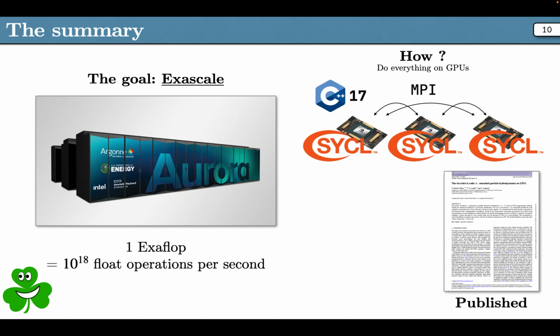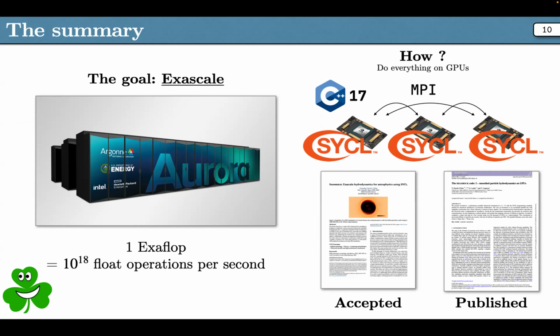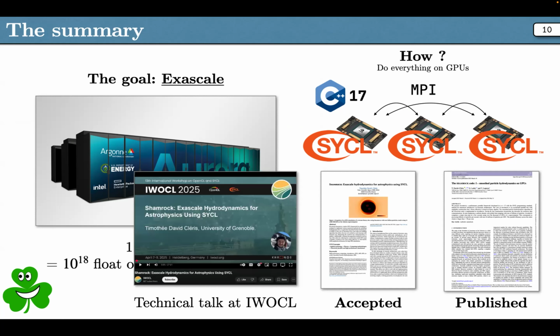Anyway, if you want more details, you can look at the first paper that is published finally after years of battle. The smaller version is in the proceedings of the SYCL conference, or my talk at SYCL this year, where I go more into the algorithmics and the technical details of the code.